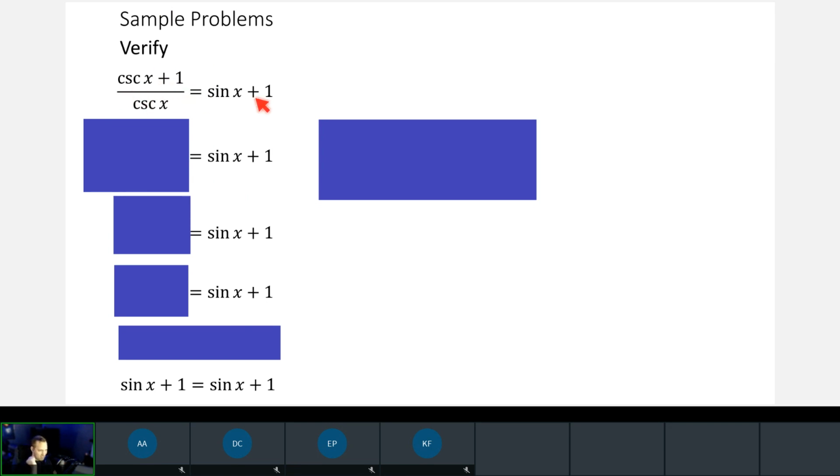So we want sine. There's a few ways to do this problem. The way that I'm showing it, when I looked at this again this morning, I didn't like how I did it, so I'm going to probably show it a different way.